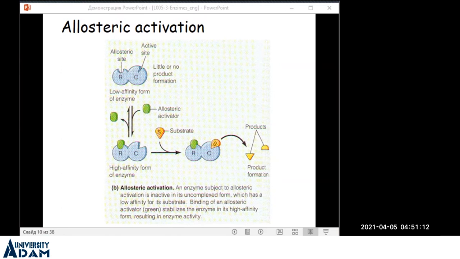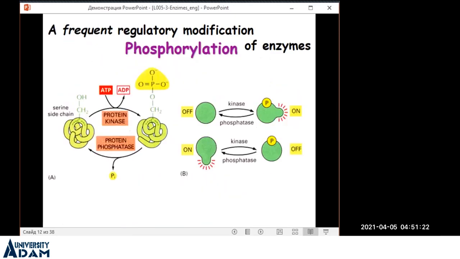Allosteric activation is the reverse situation, the reverse scheme of the regulation which we have. And also, it's just a repeat.